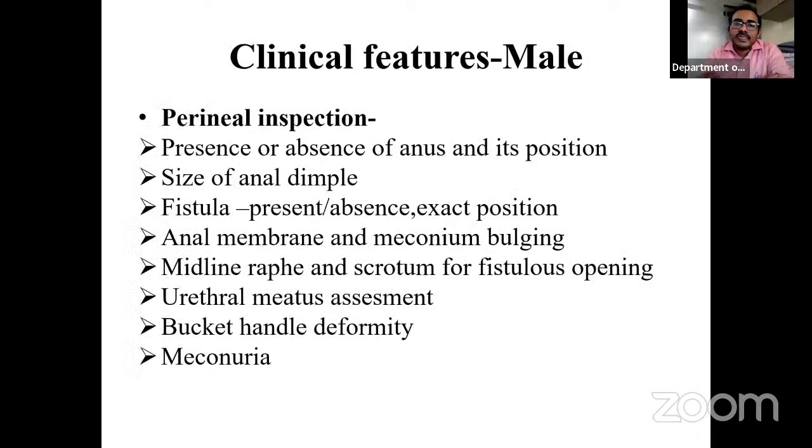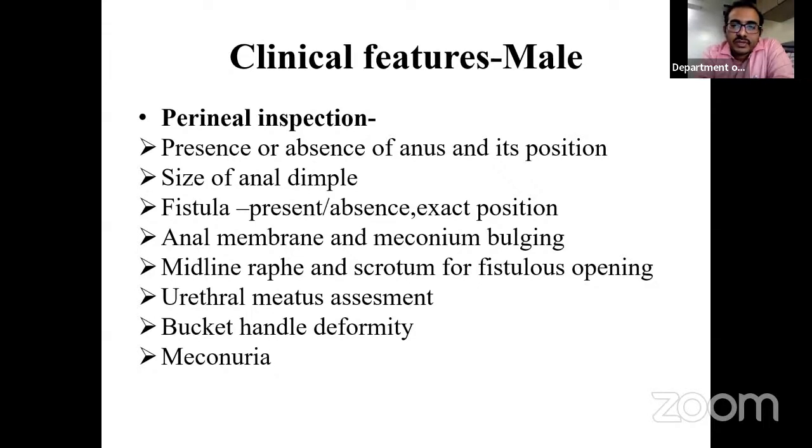Now, clinical features. In males and females, clinical features are quite different, and their anatomy is also different. So in males, on perineal inspection, we can look for the presence or absence of anus and its position. The size of anal dimple, fistula if present or absent, and if present, then where is the exact position.